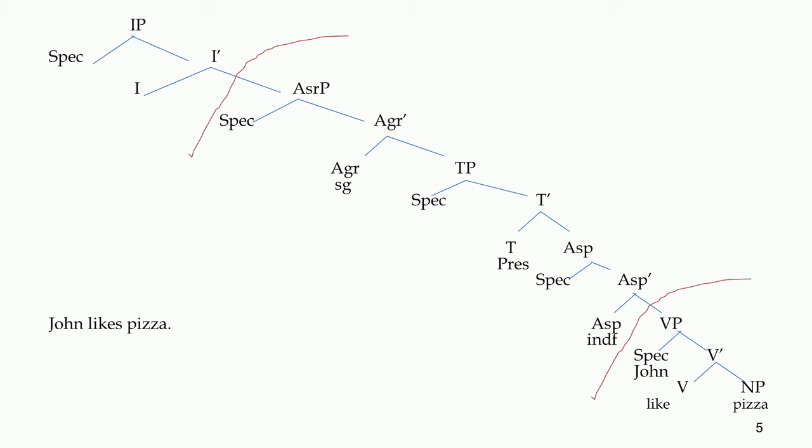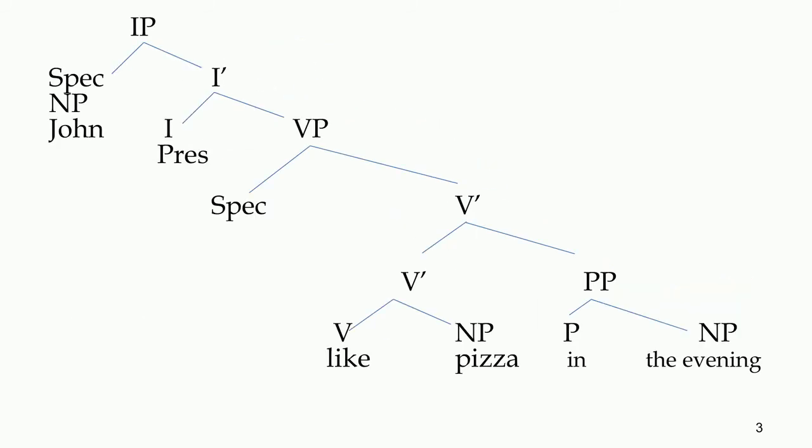So what's going on here is I is just being expanded. It's not complicated. Please pay careful attention. I'll take you back to the original structure from where we started.